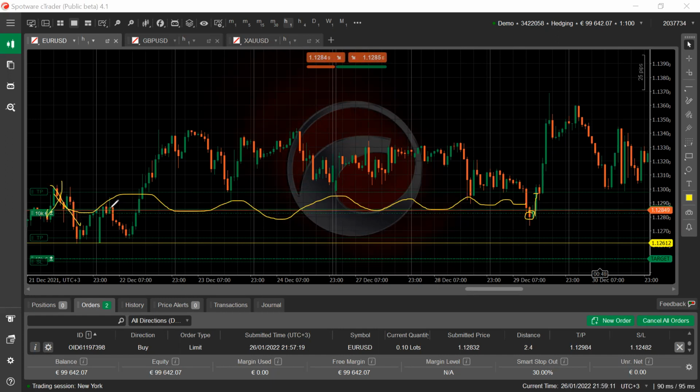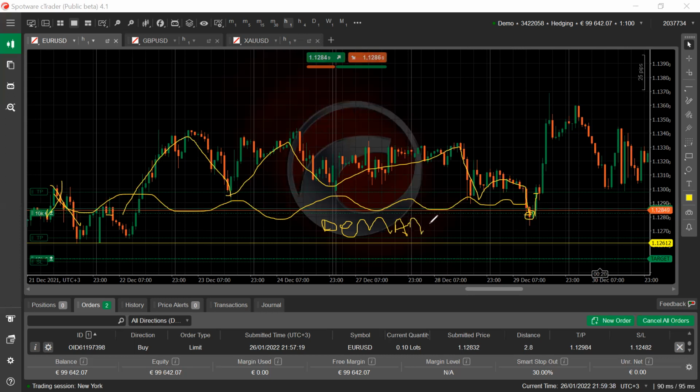As soon as it passed here and it went up, it never came back, at least not to this line. And the first time it came back to that line was actually here. So all this was its fresh demand zone.